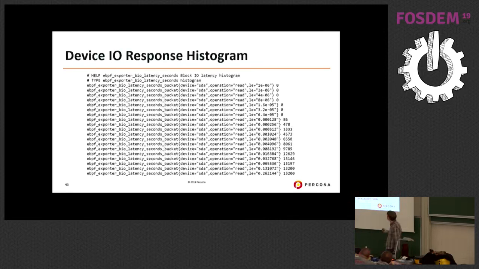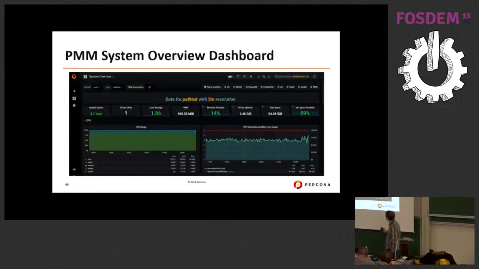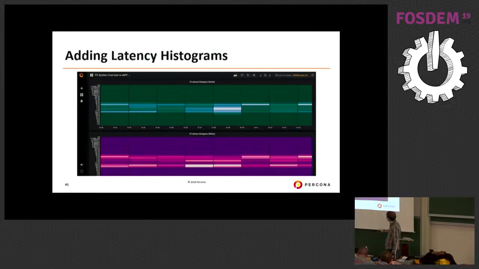And what you can get in this case, as an example, is an IO latency histogram, just the same as I showed you early on in the presentation, which we can then plot as an IO histogram over time to visualize in Grafana.